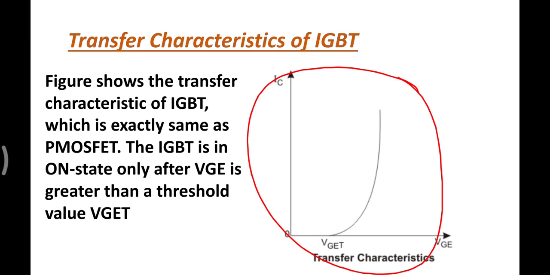Because we are using the power MOSFET and BJT. By the combination of the power MOSFET and BJT, we are getting the IGBT. That's why we get transfer characteristics like a power MOSFET, and VI characteristics like a BJT.